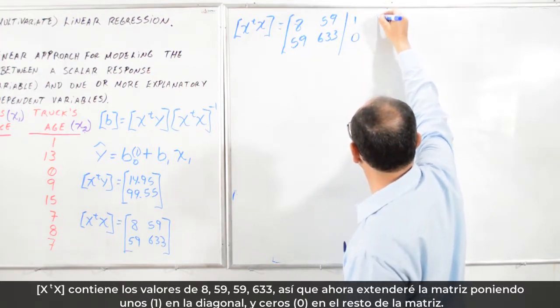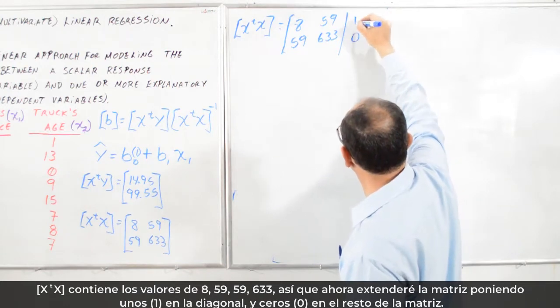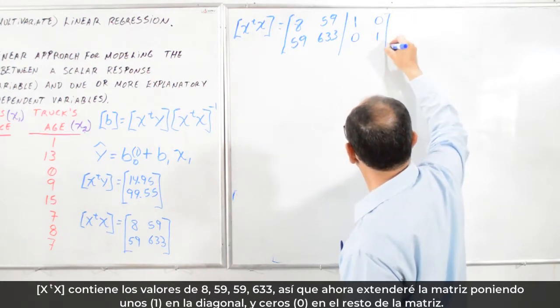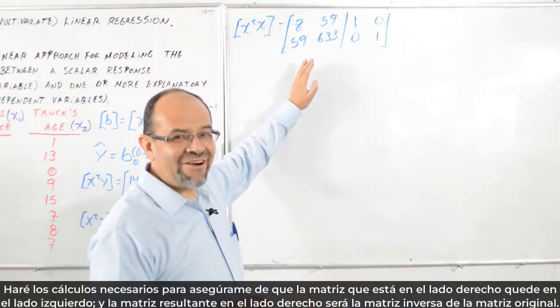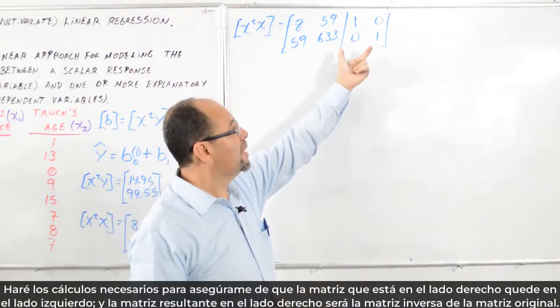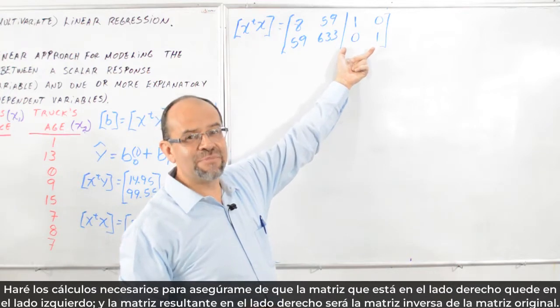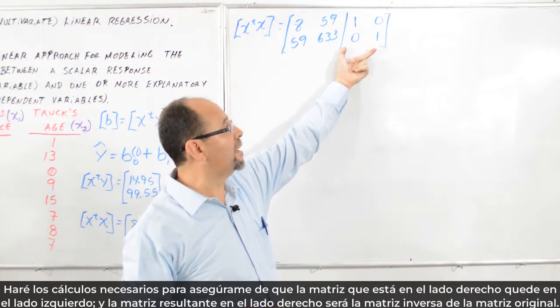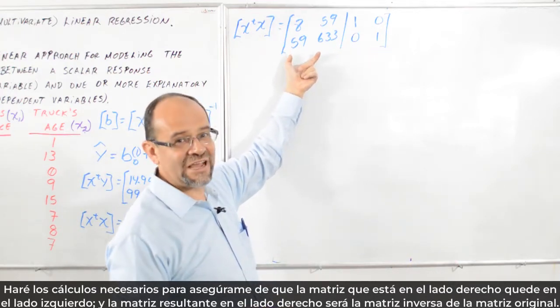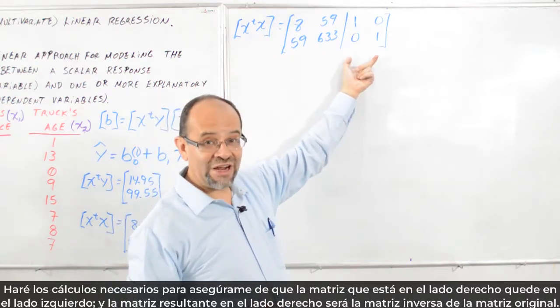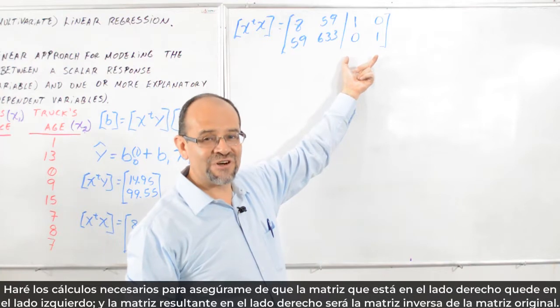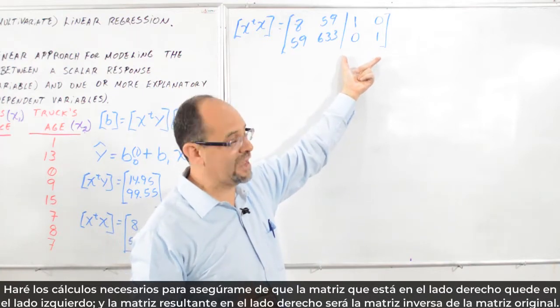So it will be 0, 0, and 1. I will do the necessary calculations to make sure that this matrix will be on the left side, and the resulting matrix on the right side, that will be the inverse of the matrix.